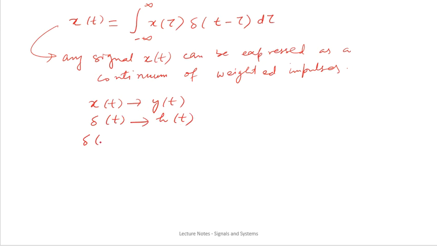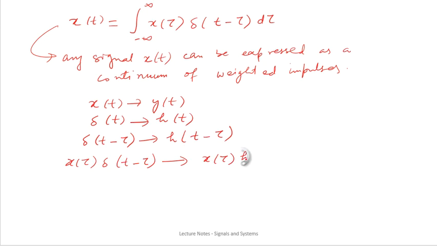Okay, so now if the input becomes a shifted version of the impulse signal, then because the system is linear and time invariant, the output will also be shifted. And if the input is now represented in terms of weighted impulses, then the output should be of this form.